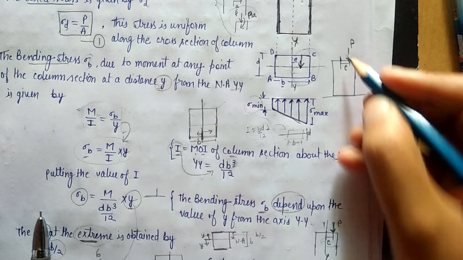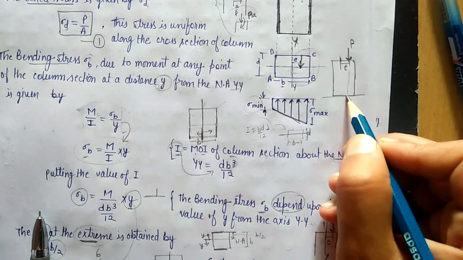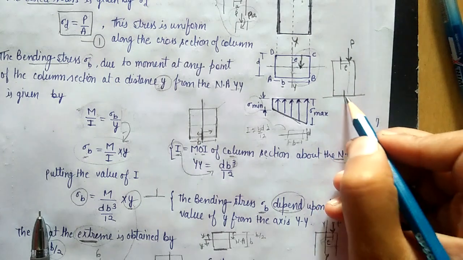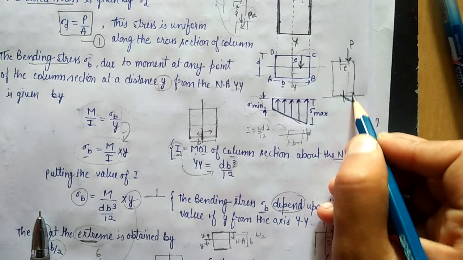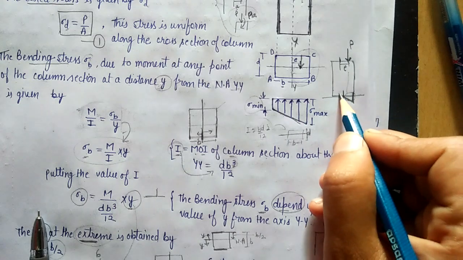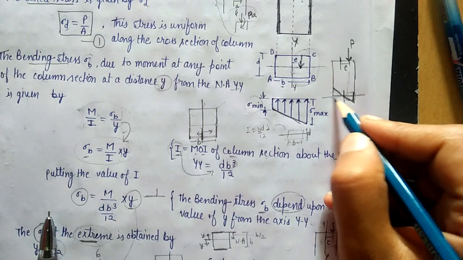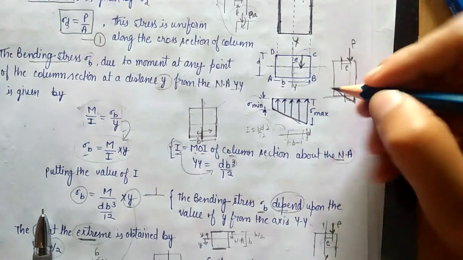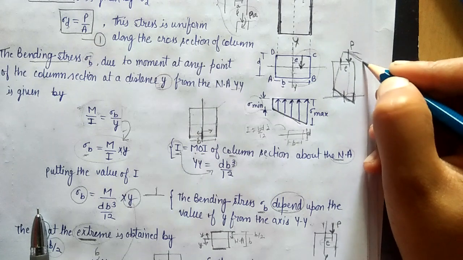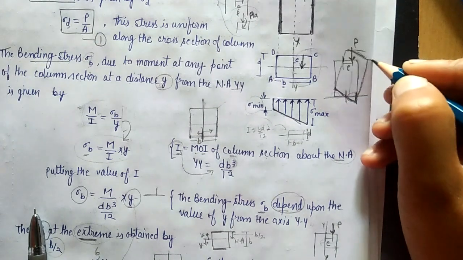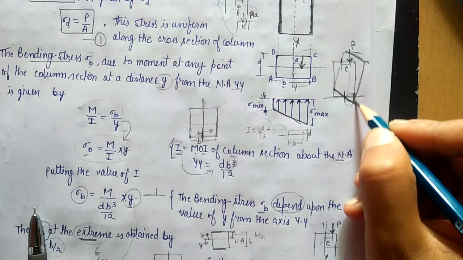If there is a base of the column, this portion is compressive, that means the column will compress here, and in this portion there is a tension, that means the column starts leaving contact with the base. The column will be something like that, due to the eccentric load at this side. That means here is a compression, here is a tension.